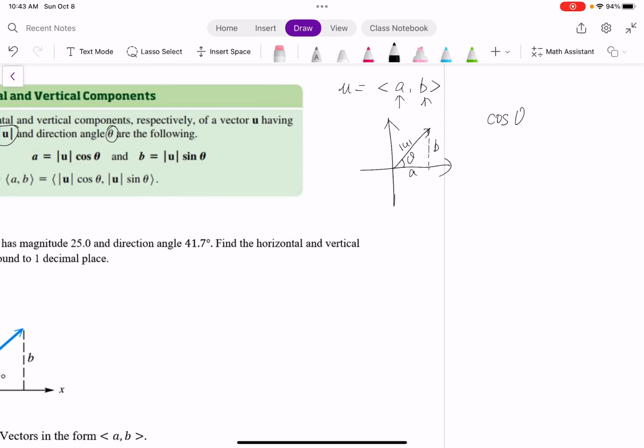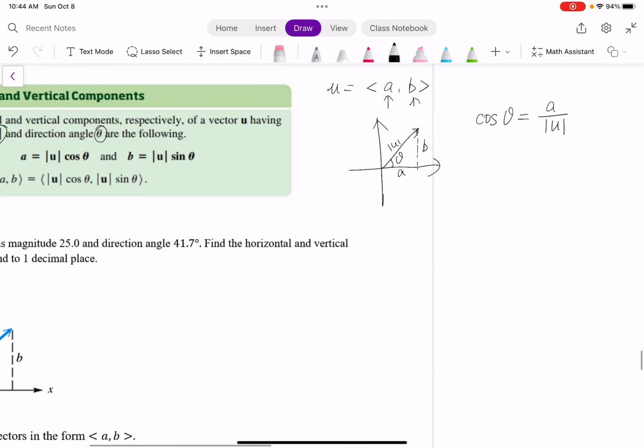Cosine theta equals adjacent over hypotenuse, which is a over magnitude of u. Theta and magnitude of u are given. Isolate a: a equals magnitude of u times cosine theta. How about sine theta? Sine theta equals opposite over hypotenuse. So b equals magnitude of u times sine theta.